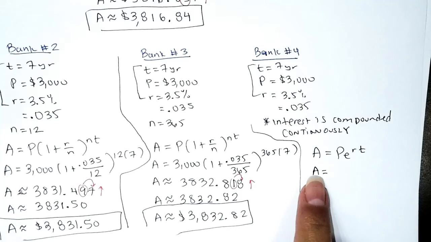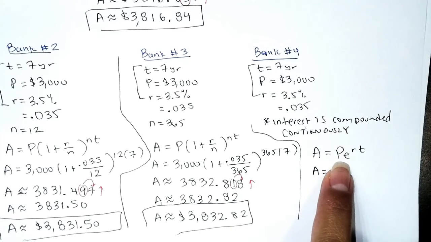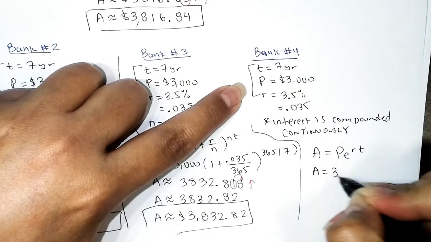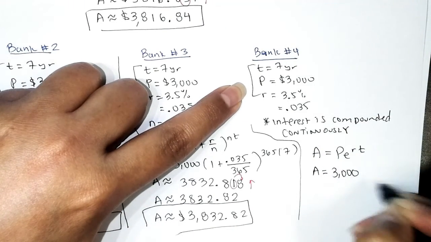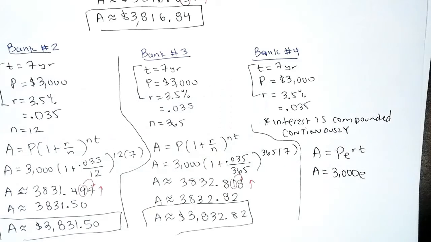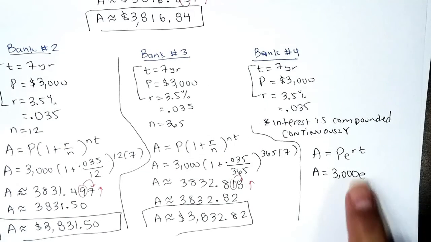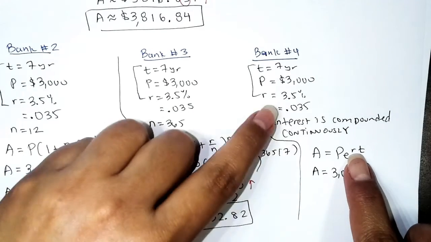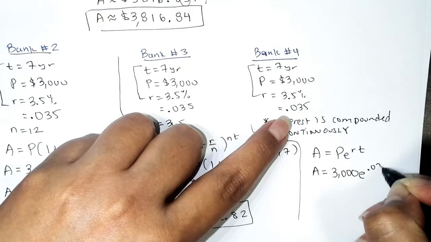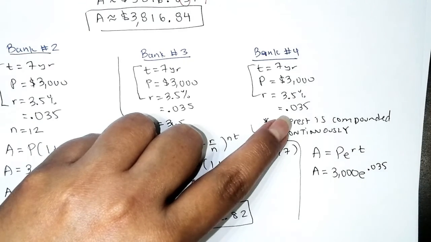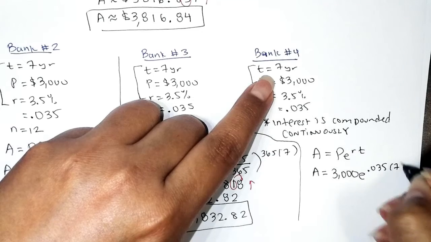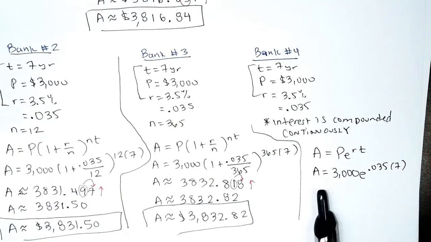Okay, so we have that the final amount is given by the principal, which is 3,000, times E. E is just an irrational number, raised to the rate. Rate is 0.035, times time, which is 7 years. Again, the solution is just straight arithmetic.